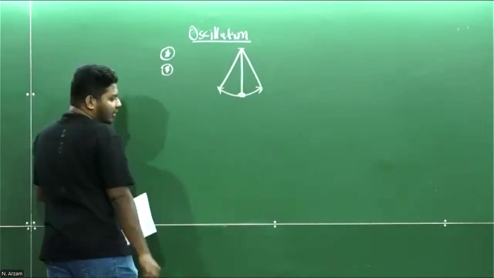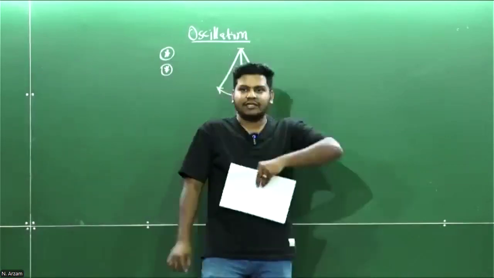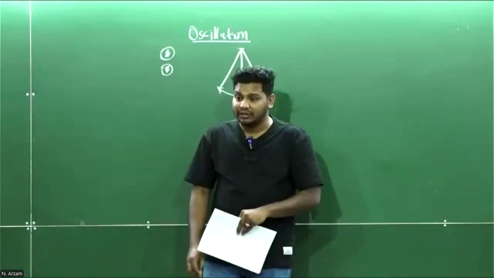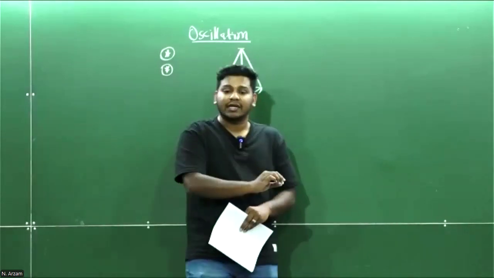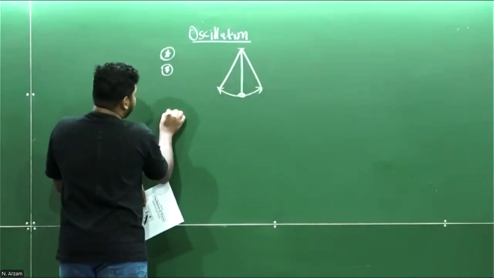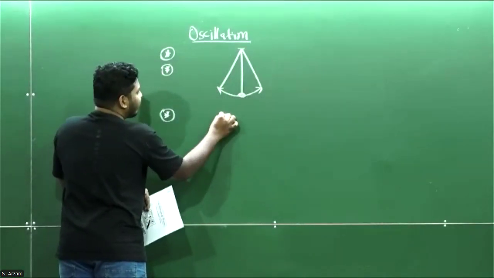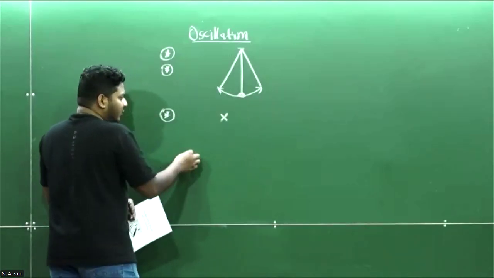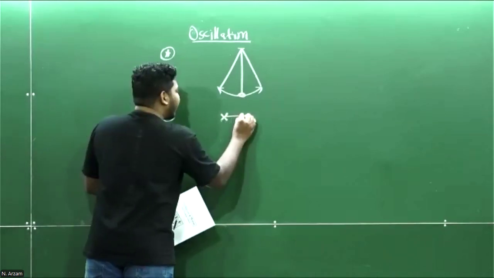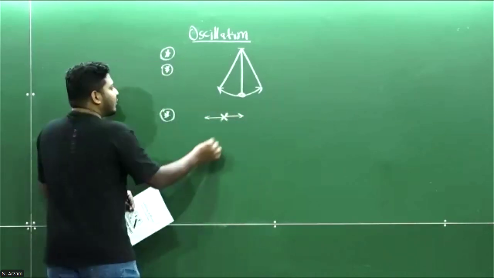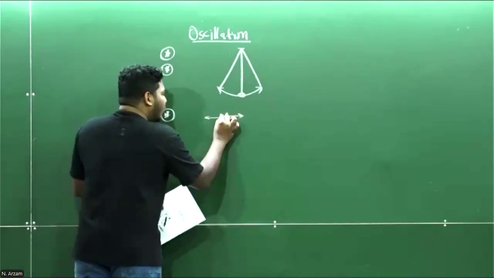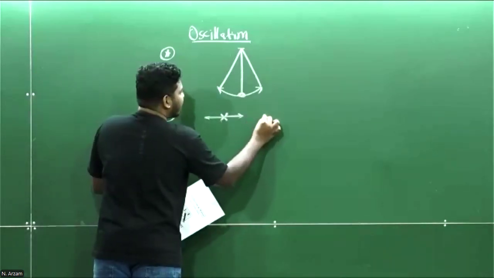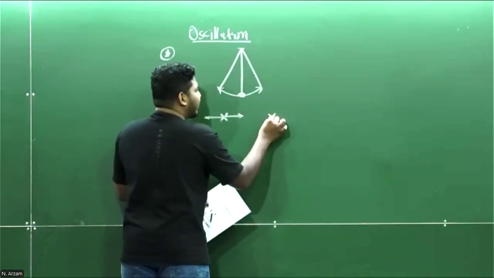The second one we studied is the oscillatory motion. Oscillatory motion means there is a fixed point, and the motion is happening back and forth about this fixed point.